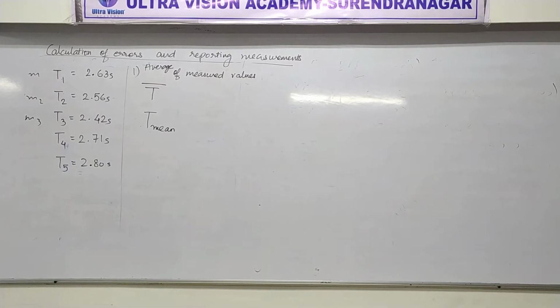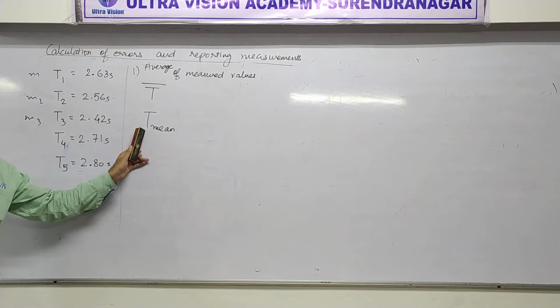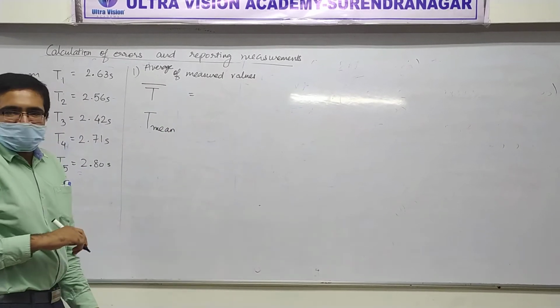Mean means average. Do you remember? From 10th standard, mean, just another word for average. Clear? So you have 2 options. You can either write like this or you can write like this. Whichever is okay. So how to find T bar or T mean?